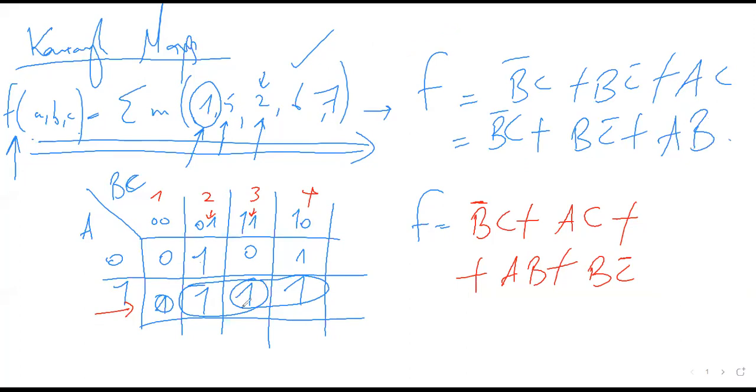It makes sense though. When I tried the Boolean algebra, the final answer came out as B bar C plus BC bar and ABC. All right, now I get the point.